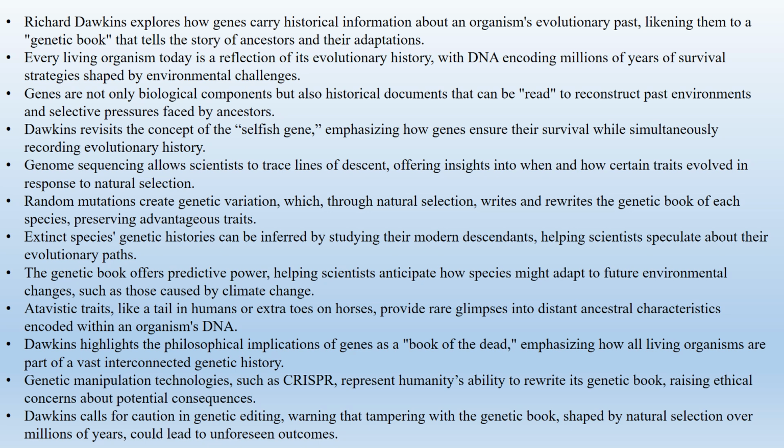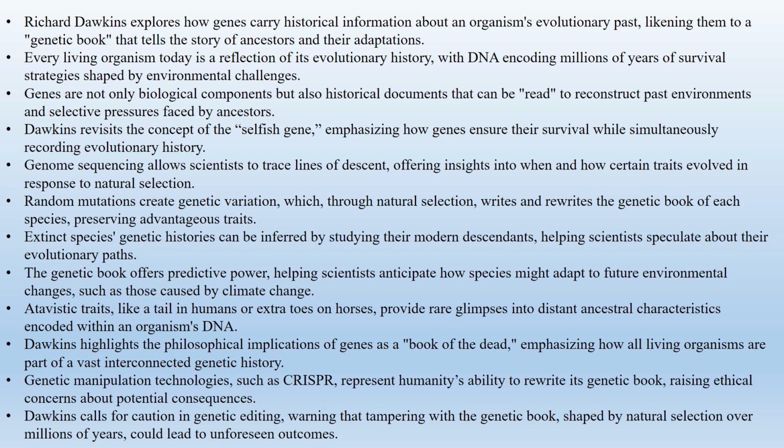The book also touches on the importance of random mutation and natural selection in shaping the chapters of this genetic book. Dawkins explains that mutations occur randomly, creating genetic variations within a population. These variations are then subjected to the forces of natural selection, where only the most advantageous traits are preserved.